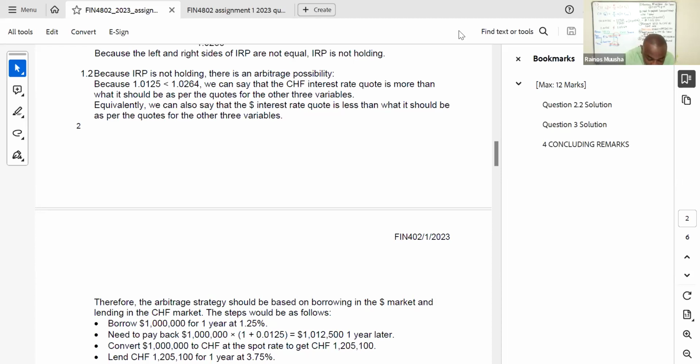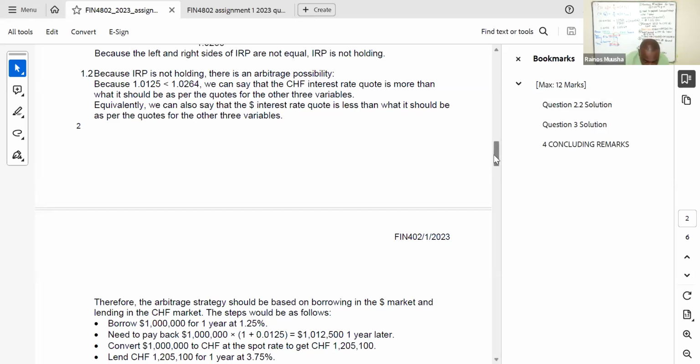Because 1.1025 is less than 1.0264, we can say that the CHF interest rate quote is more than what it should be as per the quotes for the other three variables. Equivalently, we can also say that the dollar interest rate quote is less than it should be as per the quotes for the other three variables.